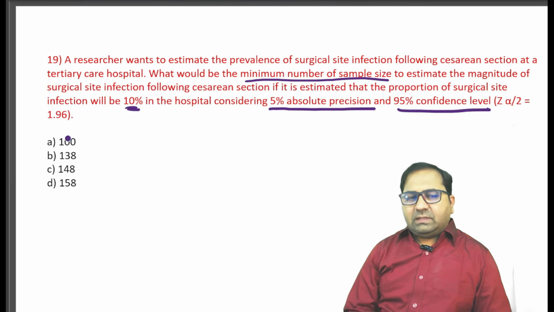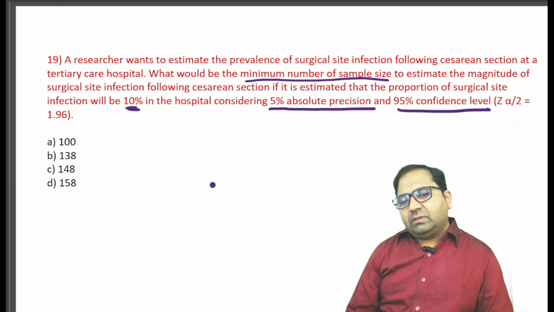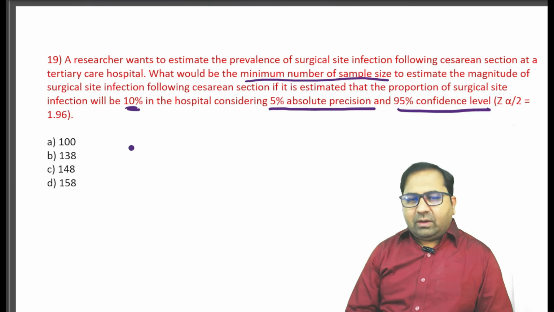The options they gave are: A, 100; B, 138; C, 148; or D, 158. The answer for this question, after calculation, is B, 138.